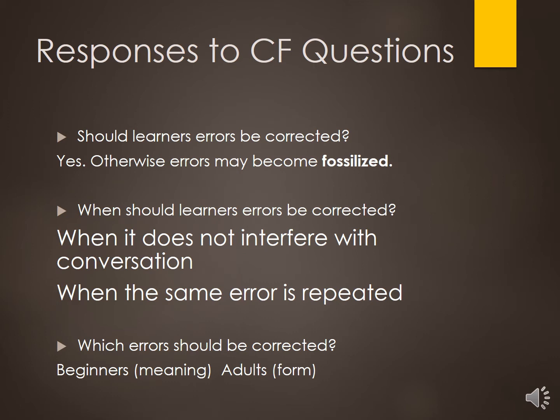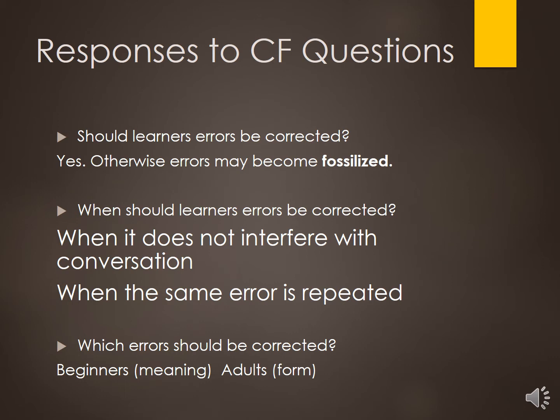And so we just want to make sure it doesn't interfere with conversation, because while those mechanics and the grammar and everything is absolutely important, the fluidity of conversation is something that students also need to practice, and we want to make sure we're not hindering that.